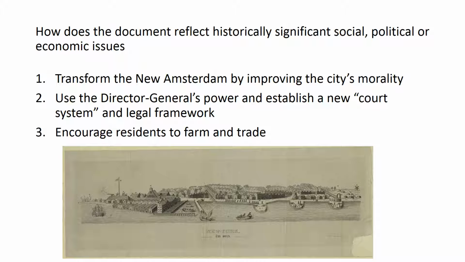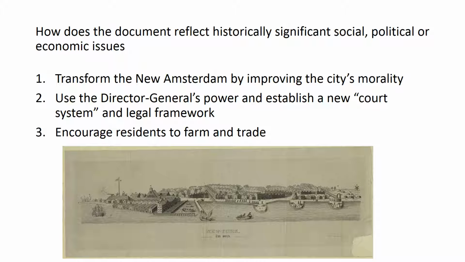Kieft essentially banishes them. He banishes them to Jamaica, Long Island. So he sends them out to what I guess you could describe as the frontier of the Dutch society. So in this way, he used his powers and the expanding powers that you see outlined in the documents to improve overall conditions in the city as it's emerging after 1638.